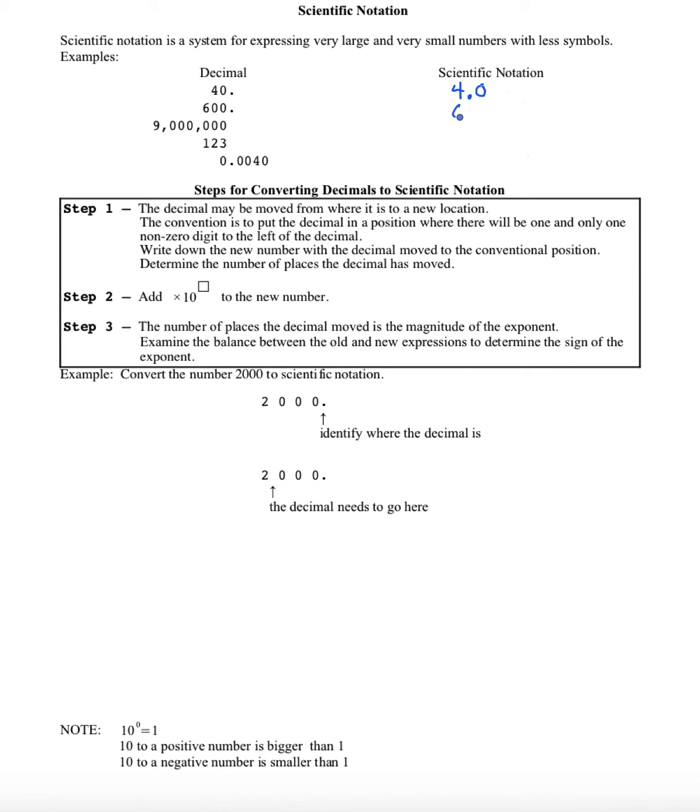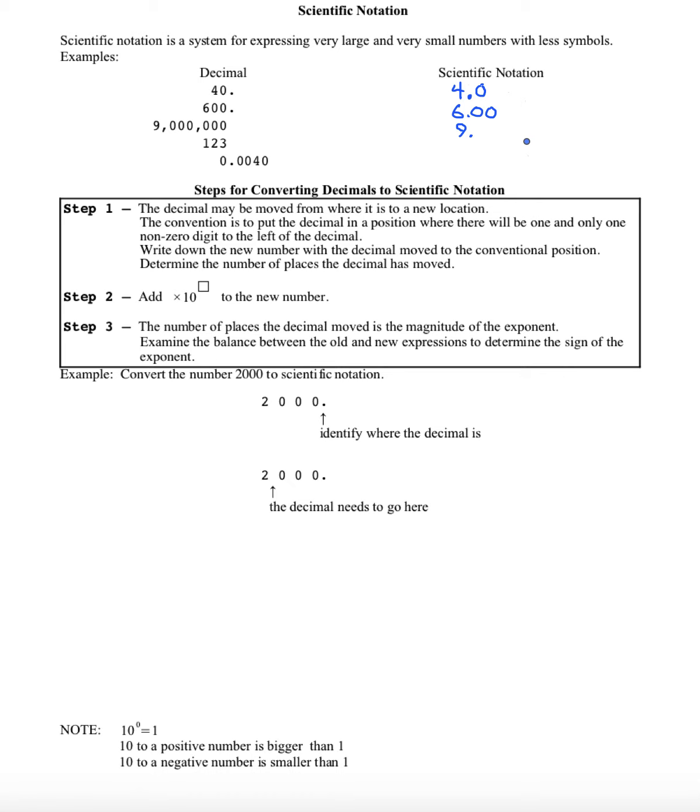600 will become 6.00. Notice that the decimal point is expressed here, which means that these two digits are significant figures, and that's why I kept them when I rewrote the decimal as well. This one will be 9.